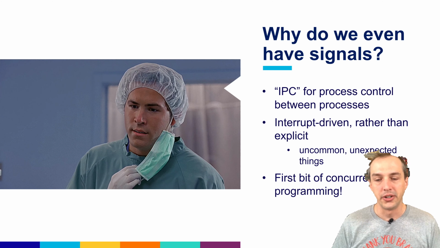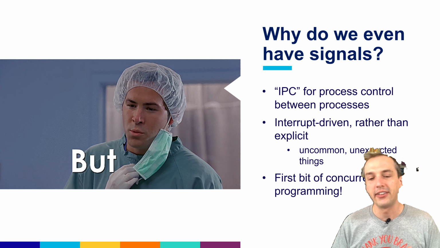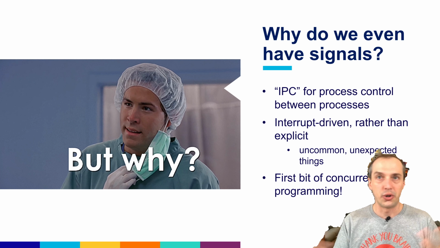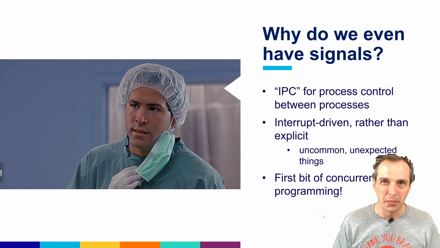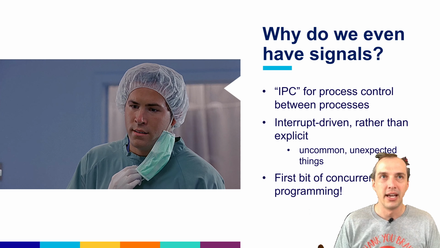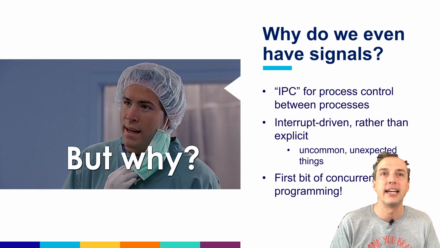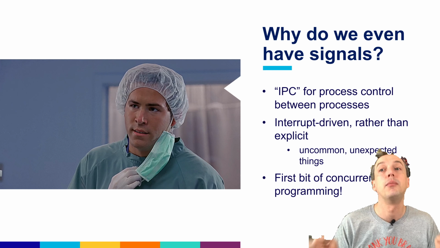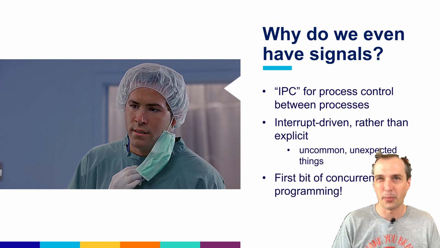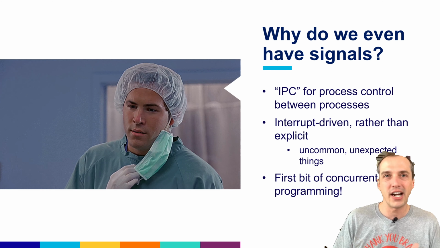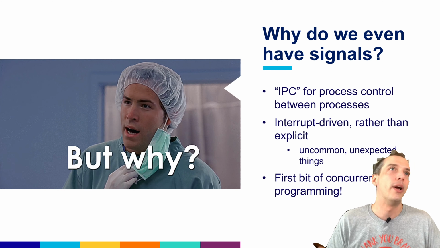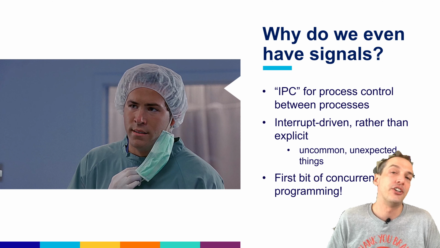We wouldn't be able to allow processes to safely exit. Our shells or other programs that control other programs would have a really tough time actually figuring out what the heck is happening. Signals are this fundamental thing that allow us to do inter-process communication between different processes, but in a very different way than when you're writing a program that just does work.